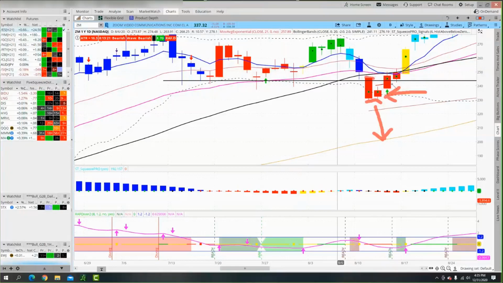So you could say, okay, if it continues to go down, no problem. But if it trades back or closes back above the high of this inside bar, my rule is a close above the high of the low day.